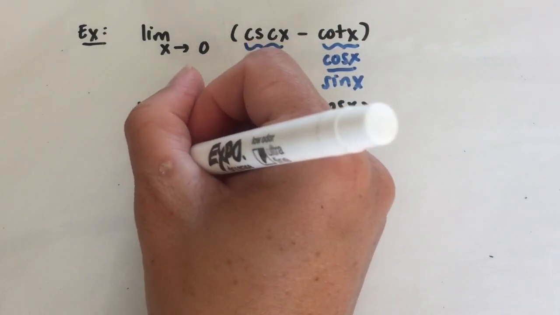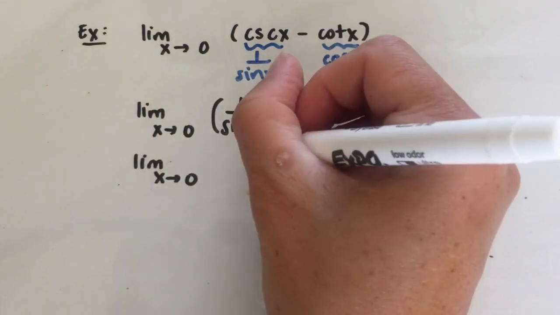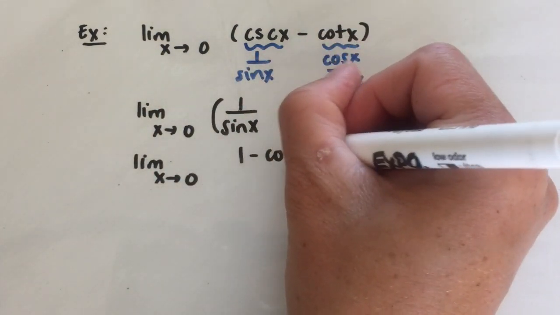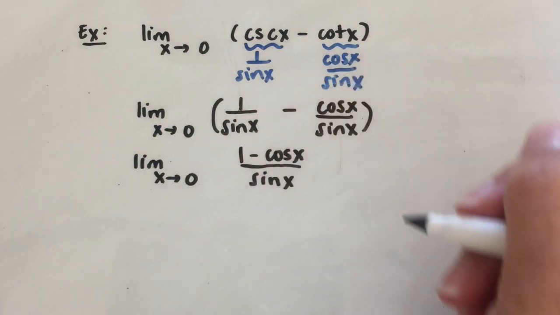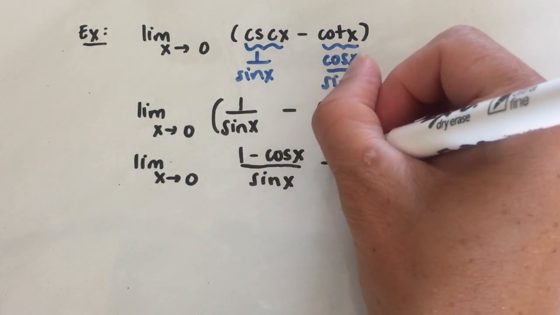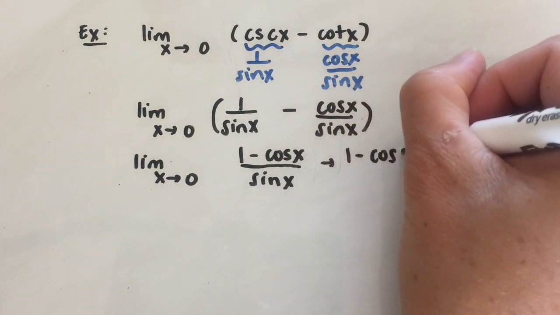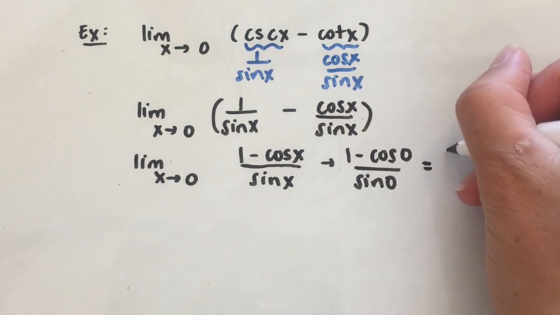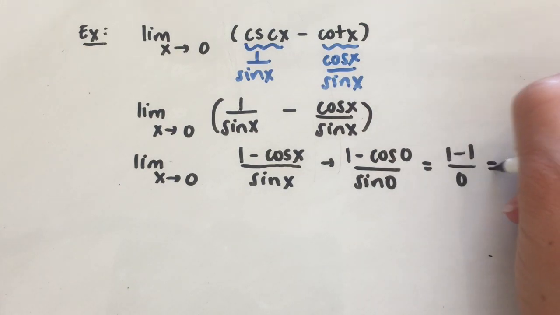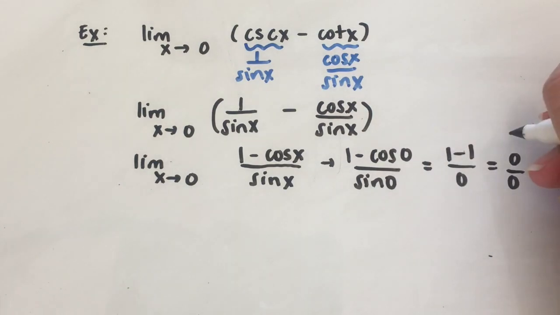So I have the limit as x goes to 0 of 1 minus cosine x divided by sine x. And when I plug in 0 for x, I get 1 minus cosine 0 over sine 0. And that will get me 0 over 0, so I know to use L'Hopital.